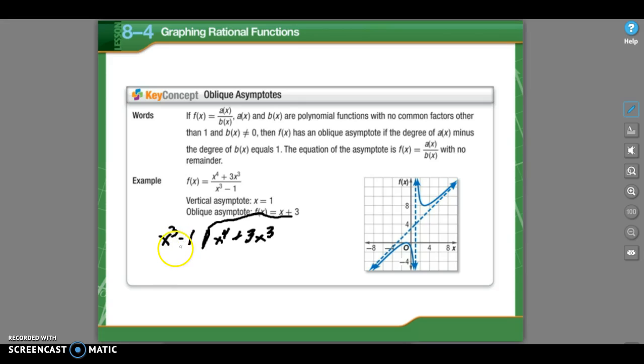So to do your long division, you want to ask yourself, what do I multiply by x cubed to get x to the fourth? And the answer would be x. If you multiply x times x cubed, you get x to the fourth.